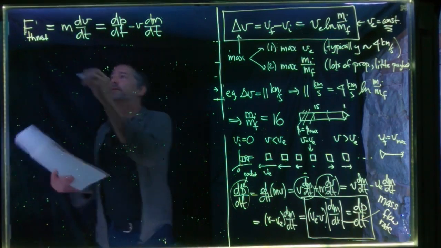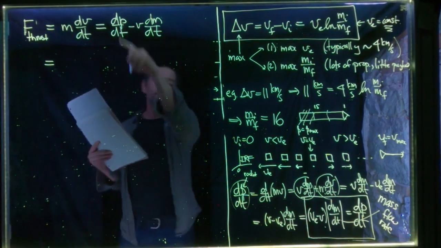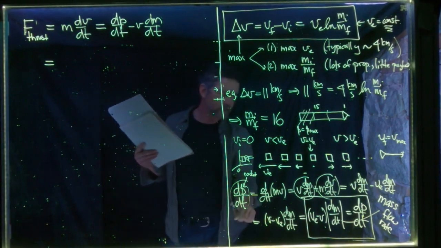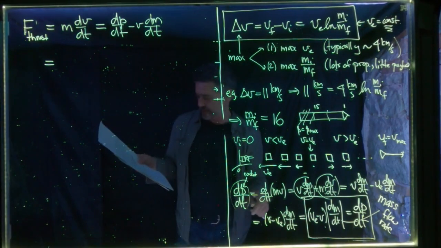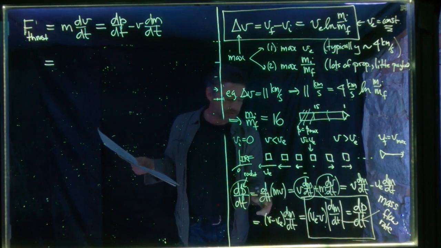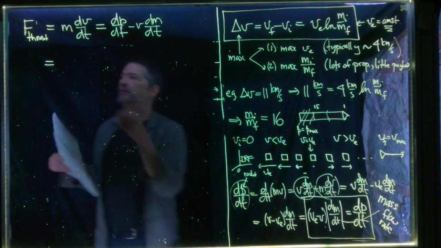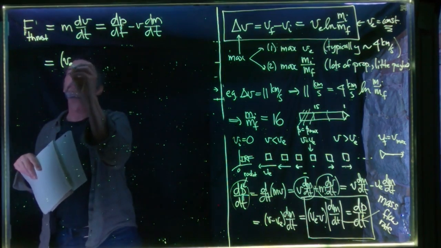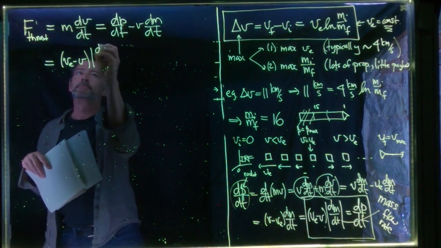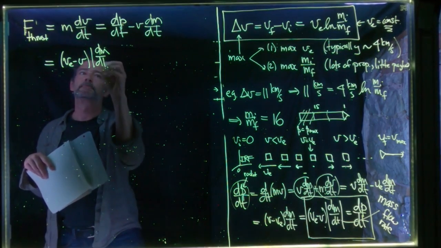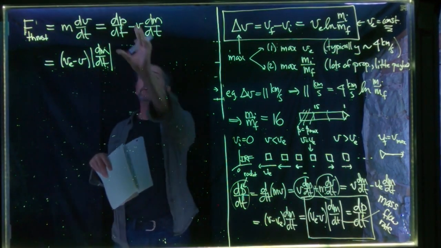Okay, and so then what is that? Well, dp/dt, we calculated that. dp/dt is equal to, let's write it as (v_e minus v) times the magnitude of dm/dt. Okay, that's what dp/dt is.